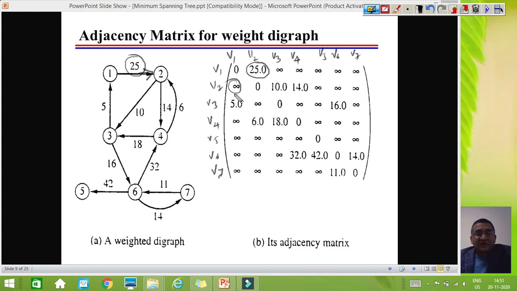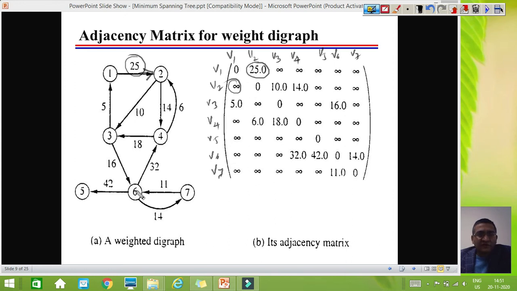In some notations, if the path is not available, we may write 0 also, and in some notations we write infinite. So it depends on what kind of notation has been used, but most of the time for no path we use infinite, and for the path we write the weight of that edge.